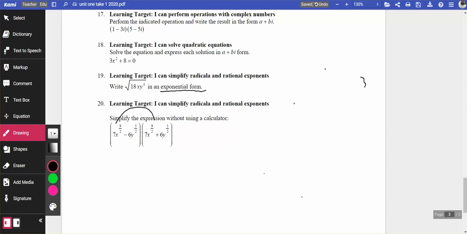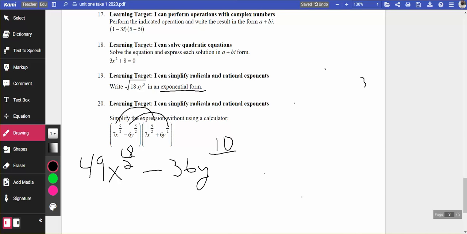If we FOIL this guy, 7x times 7x is going to give me 49x, and when we do this, we add our exponents. So it's 18 over 2. And then this guy right here is going to give me negative 36 y to the 10 over 2.